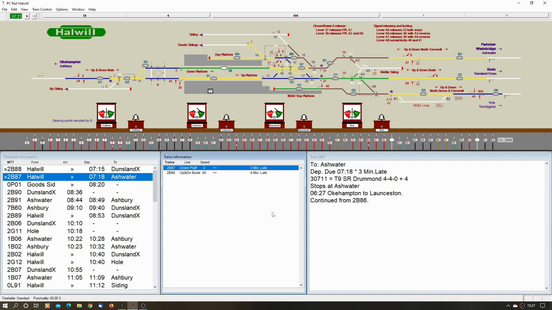So that's probably due to me messing about with these locos. So I think you would have time if you were quite quick with that move. And you know the frame better than I do. You should be able to get that one away on time. Right, section signal 8 can go back.